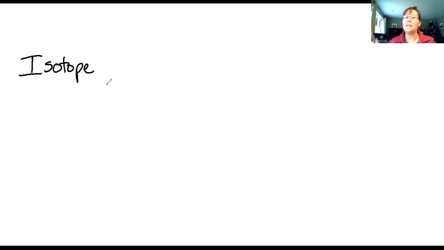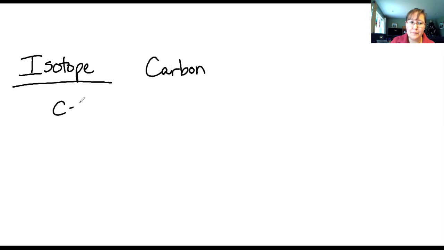An example of that is carbon. Carbon is made up of carbon 12 and carbon 13 and carbon 14. And again, in chapter 3, we'll be working more on this. You'll be learning exactly where the mass numbers on the periodic table come from, why they aren't even. But right now, we're just going to focus on some ideas.